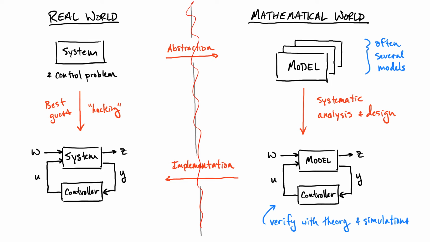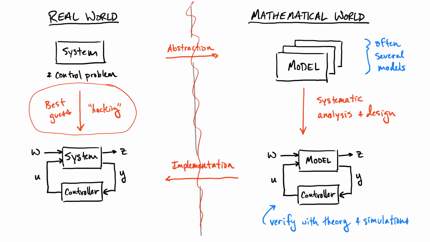And so what we want to avoid is simply staying in the real world and choosing some sort of best guess or hacking approach. And the problem with this is that these kind of approaches don't come with any guarantees. So the idea of going through a more systematic and mathematically rigorous approach is the fact that we can build out guarantees on how well our design will work.